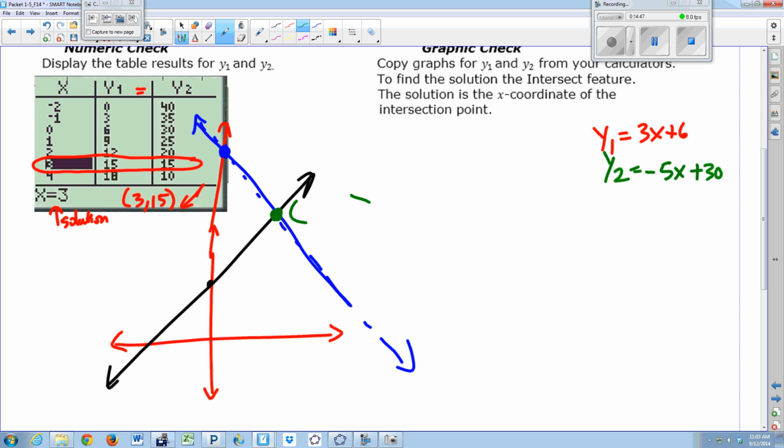So the intersection point is going to turn out to be (3, 15). It lies on both of those lines. If you put a 3 in here, 3 times 3 is 9, plus 6 is 15. That's definitely on the black line. And if you put a 3 in here, negative 5 times 3 is negative 15, plus 30. That's 15. So it's also on the blue line.